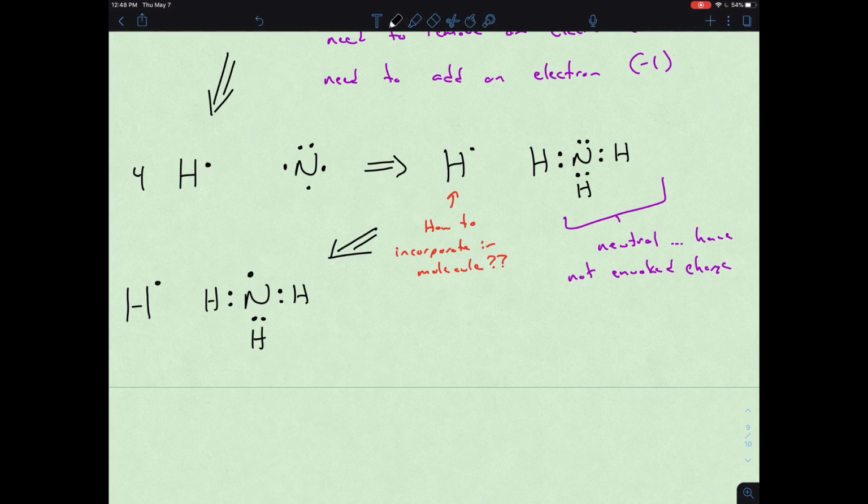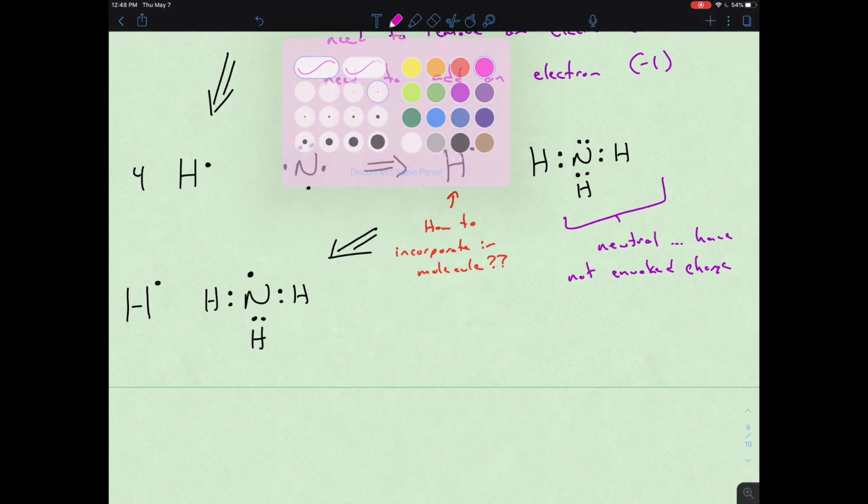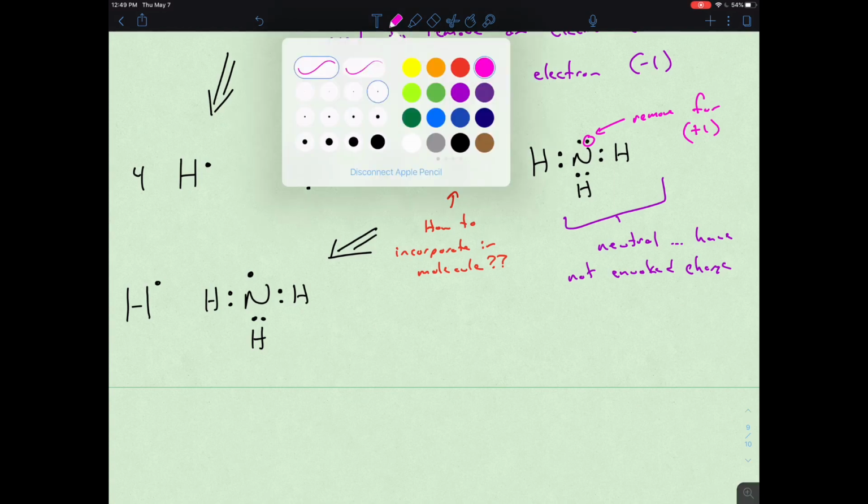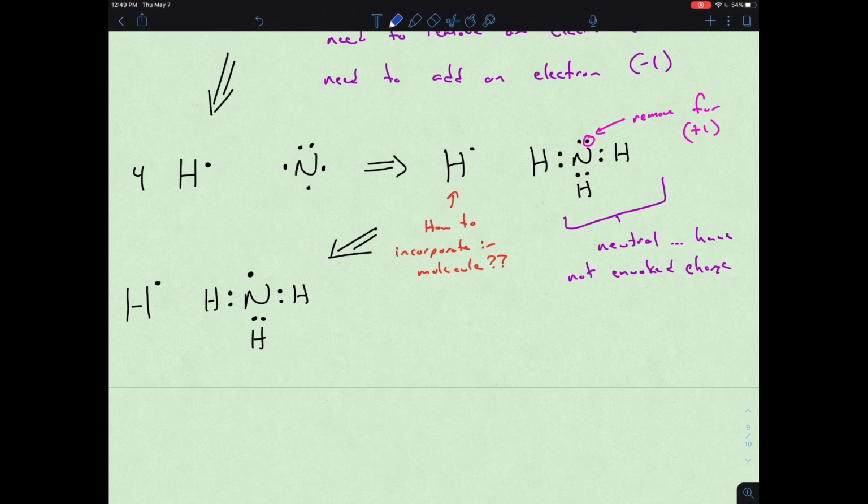Right, I'm going to remove one of those electrons, for that idea of the +1 charge, that I have to remove an electron. And as soon as I do that removal of an electron, I know that my nitrogen is +1 in terms of charge.